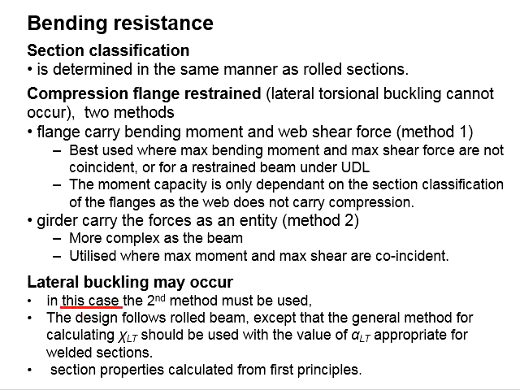The design will follow the design steps of the rolled beam, except that the general steps to calculate the chi LT and the alpha LT are inappropriate for welded sections. The section properties will have to be calculated from first principles.